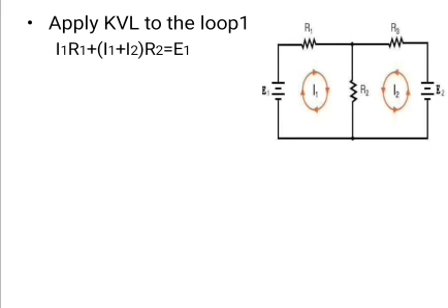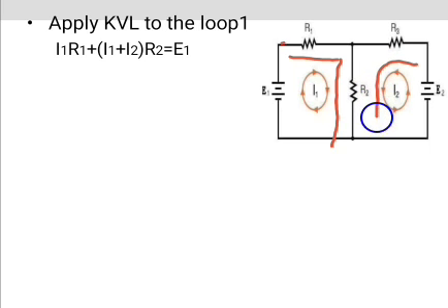I1 into R1, that means I am starting from this point. The current I1 is flowing like this, plus I1 plus I2. I2 means the current flowing in mesh 2, in the loop 2.